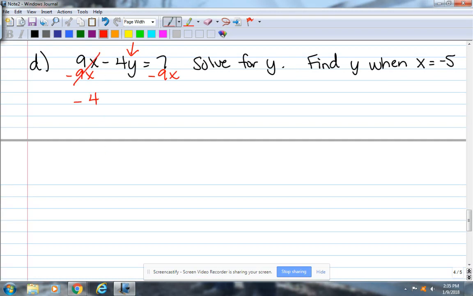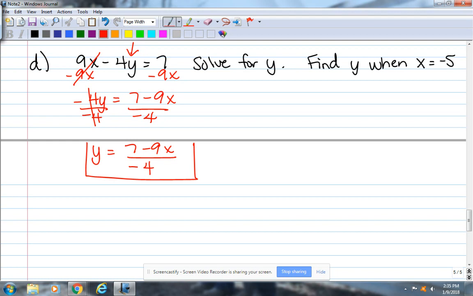So then I get negative 4y equals 7 minus 9x. And then what's with my y now? I'm going to divide everything by negative 4. Now, for today's purposes, since we are just starting out in our Algebra 2 world, if you leave it like that, I'm good. Later on, we will find another way to write that.